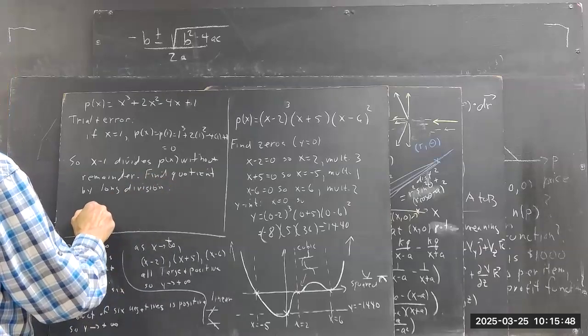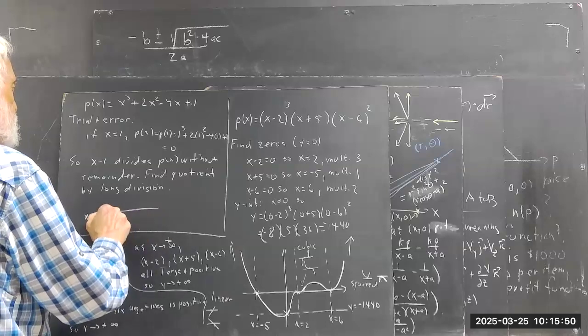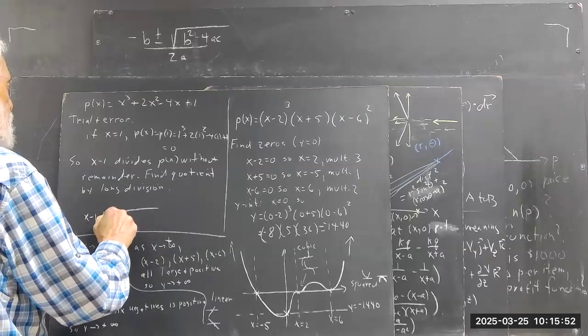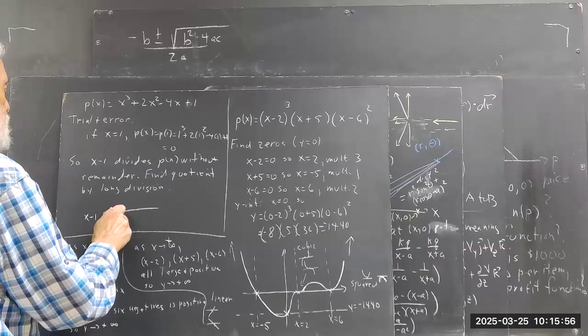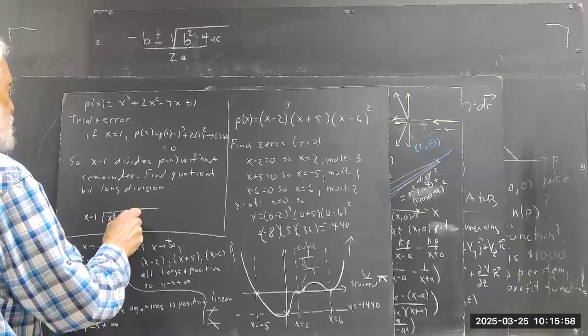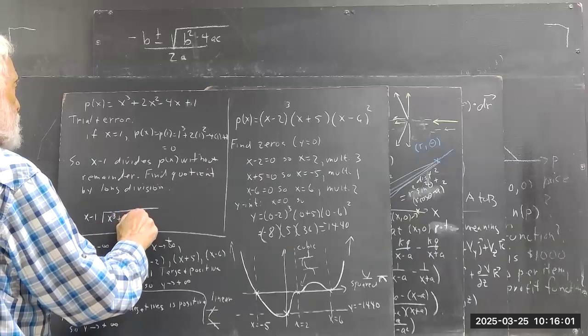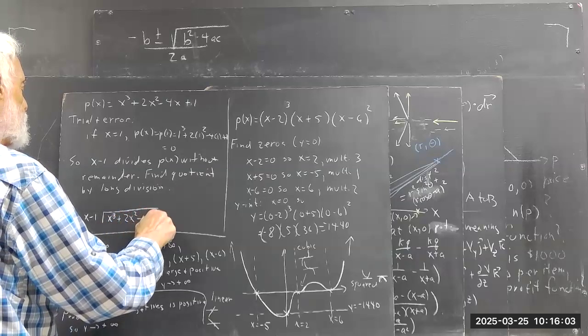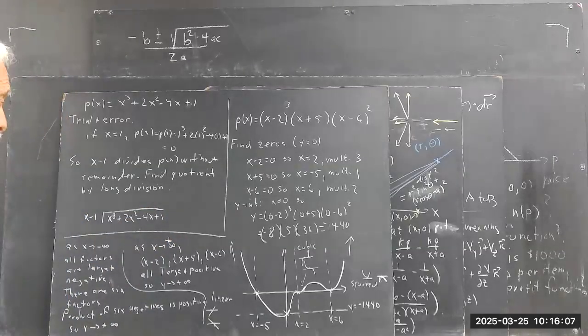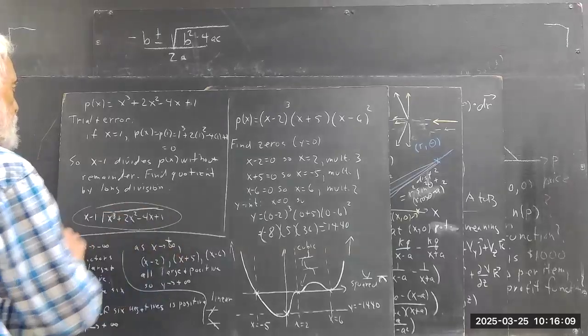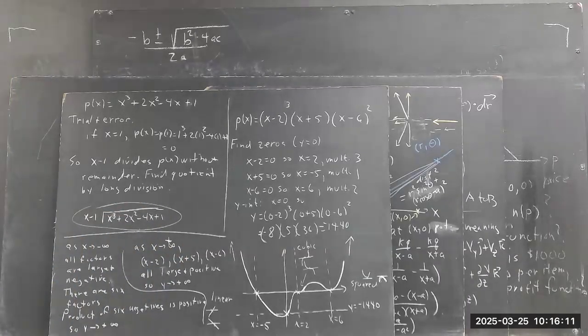So we're going to divide x minus 1 into x cubed plus 2x squared minus 4x plus 1. So go ahead and do that.